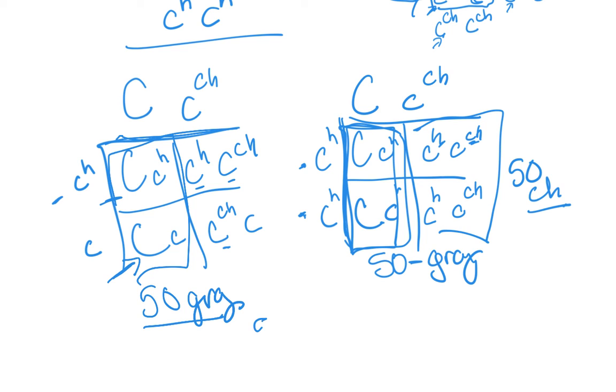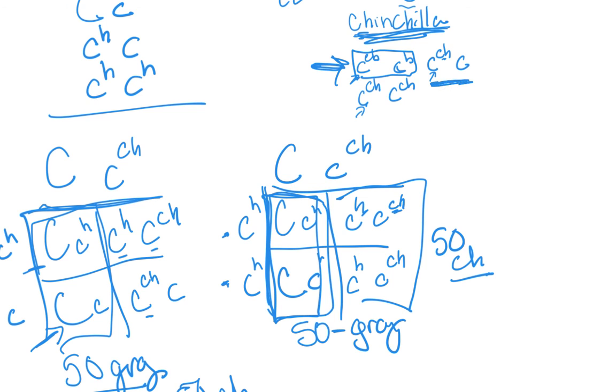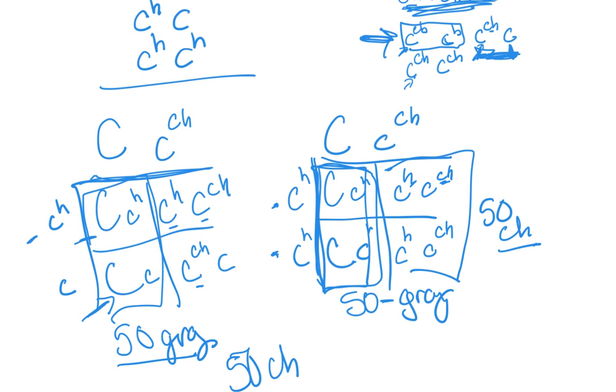So it'll also be another 50% chance that they will be chinchilla, because again, over here, I only need one copy of the chinchilla to be a chinchilla colored bunny rabbit. Alrighty. So either way, regardless of if the other one has one copy of the Himalayan or two copies of the Himalayan, it looks like I will not be getting any Himalayan colored bunny rabbits. I will only be getting gray and chinchilla colored bunnies.